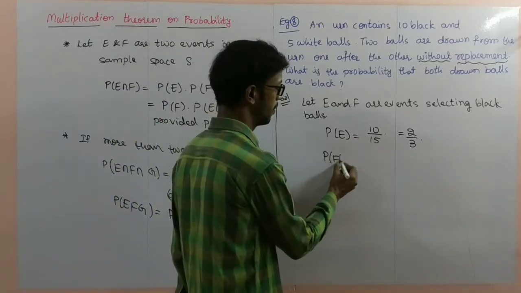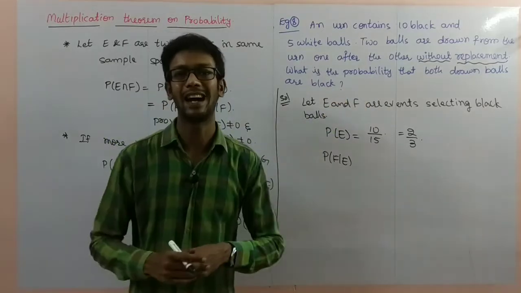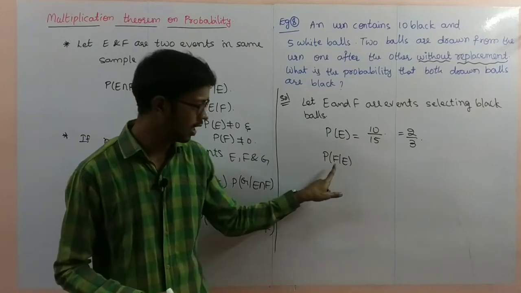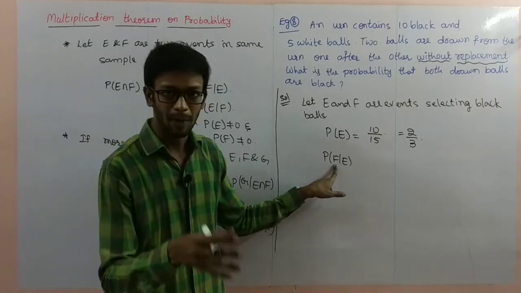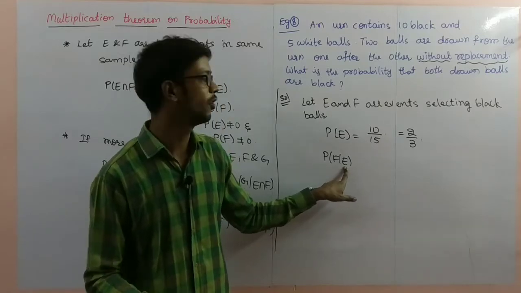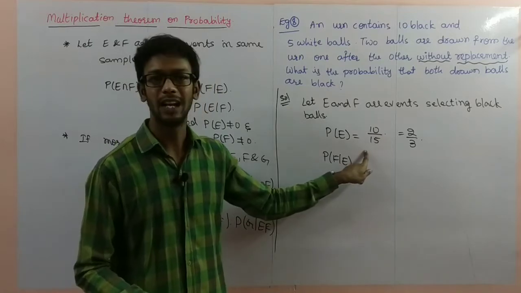Probability of F by E. That means both are black; the second one is also black. Here you are finding the black ball after event E has already occurred.